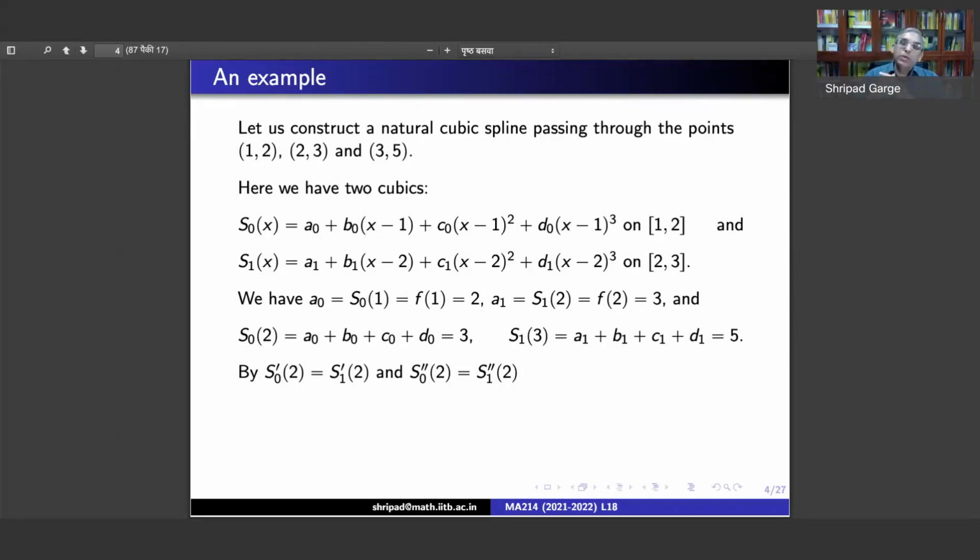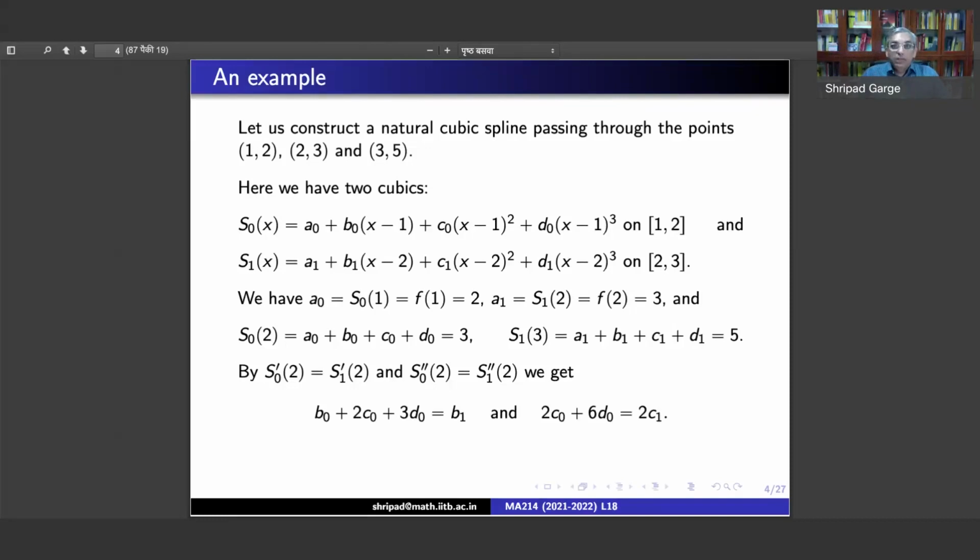These are the 2 more equations, that S0 prime at 2 equal to S1 prime at 2 and S0 double prime at 2 equal to S1 double prime at 2. So we get these 2 equations. So we have B0 plus 2C0 plus 3D0 is B1 and 2C0 plus 6D0 equal to 2 times C1.